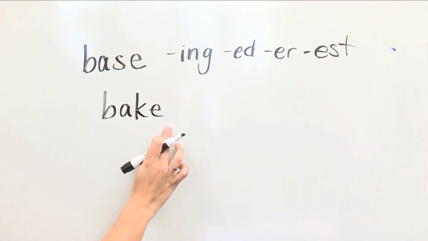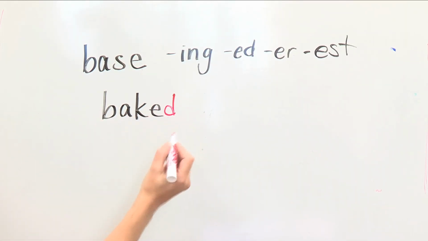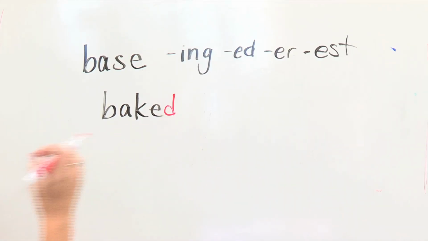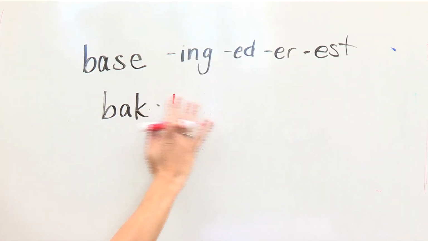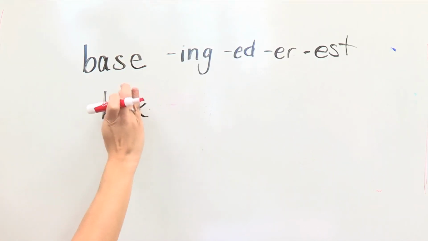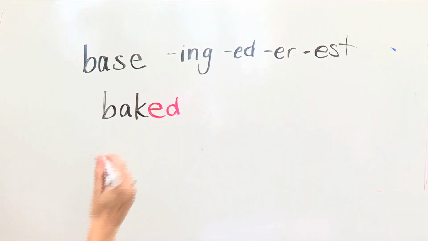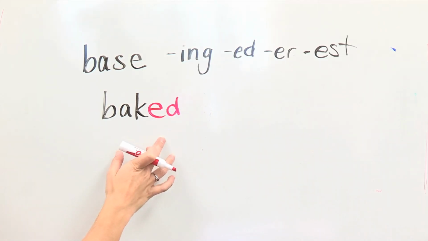Okay, we have the word bake. Now we need to be careful with this because some students will go, oh, I just added ed. Yes, I understand when you write the letter, you're just writing the D, but you have to help the kids understand that you dropped that E because it was a silent E, this was a long A, and you added ED. You really have to help them understand that because it changes the meaning. This means I've done it in the past.